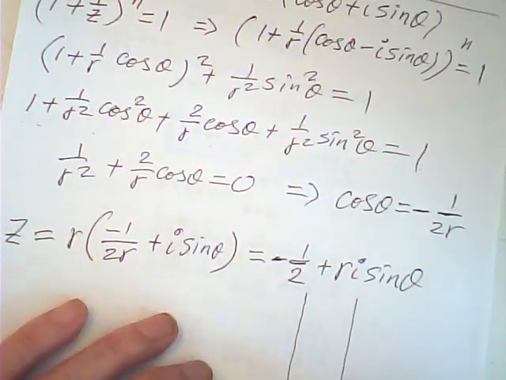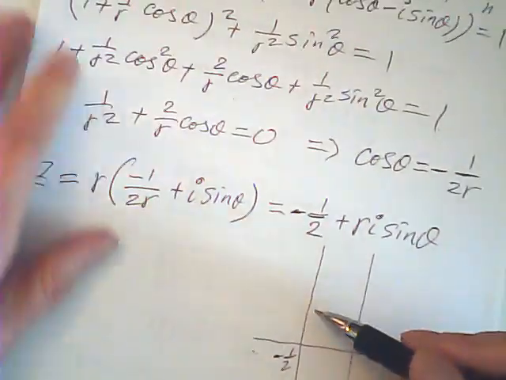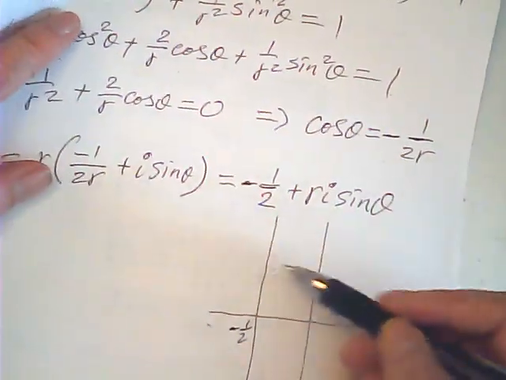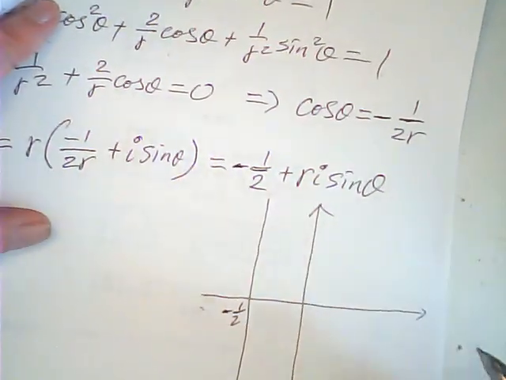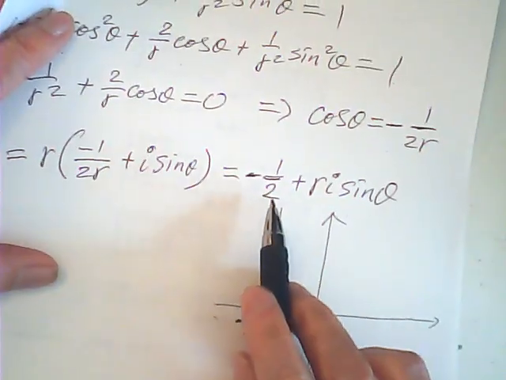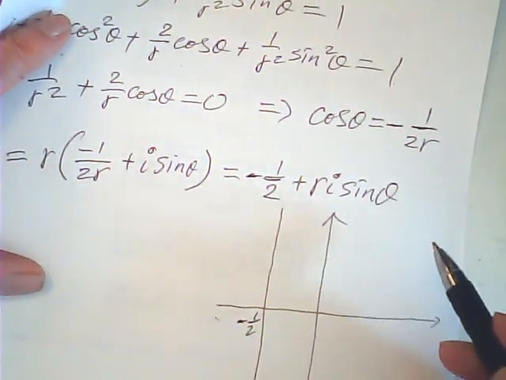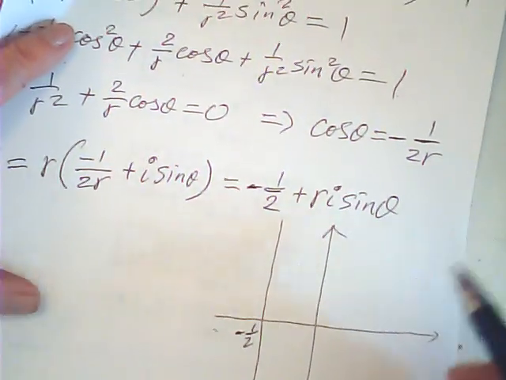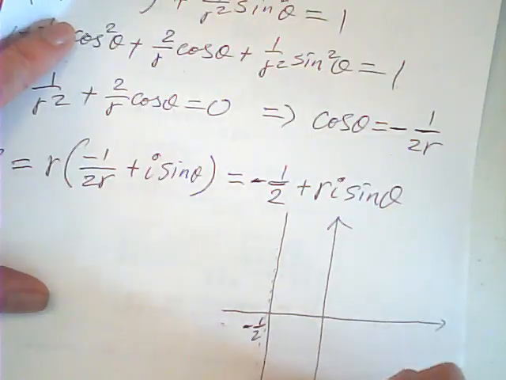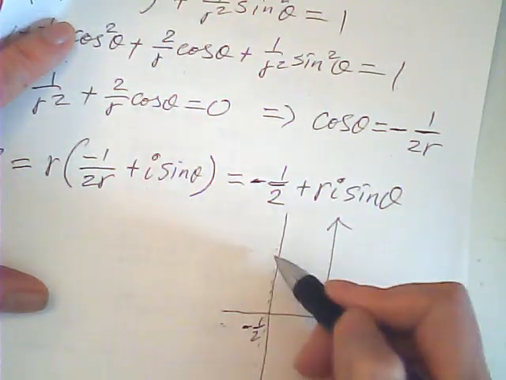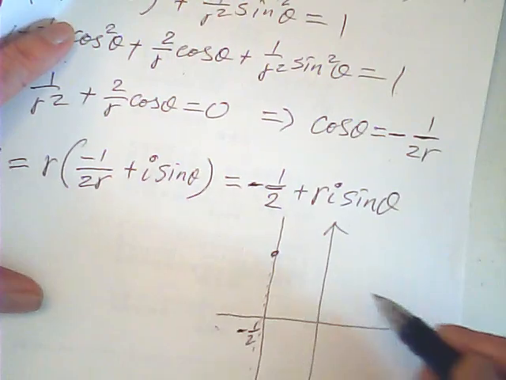Minus half. So z must be there. z must be on this line because the real part is negative half. And z could be there. And then, let's pick up one point to analyze.